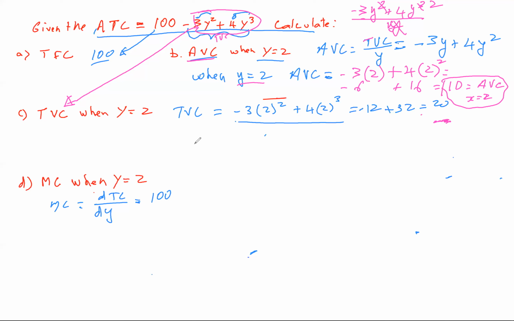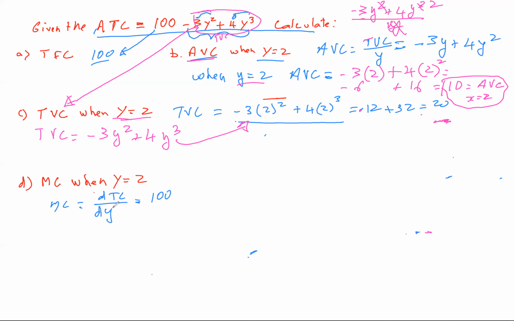So we know the total variable cost equals minus 3y squared plus 4y cubed. And so when y equals 2, you substitute into this function here, which gives us 20.